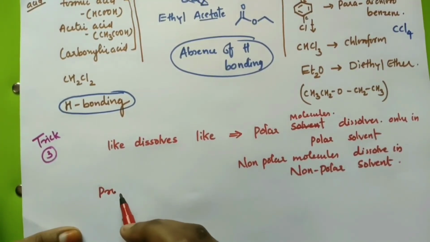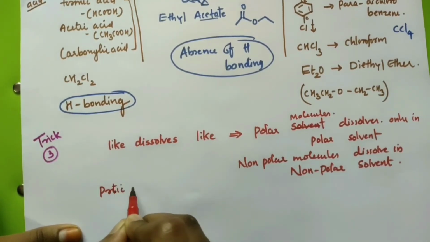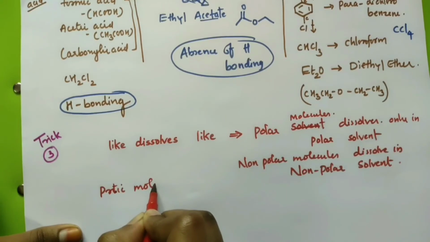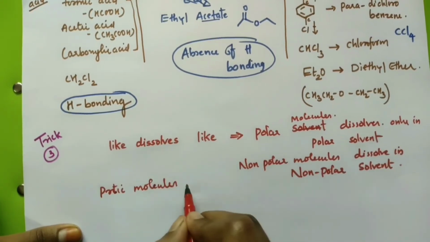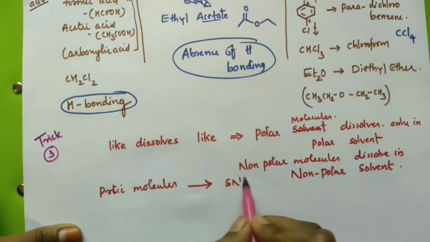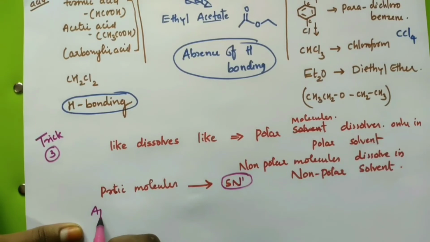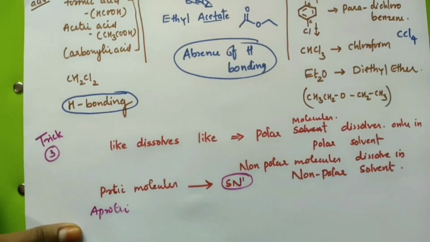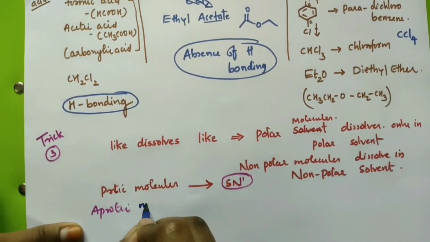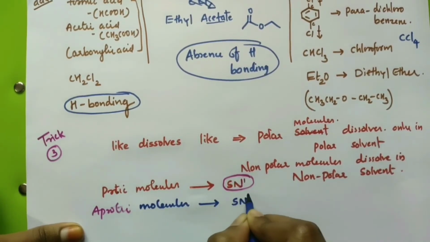Also, you have to keep in mind that polar protic molecules always prefer SN1 reaction, whereas aprotic molecules prefer SN2 reaction.